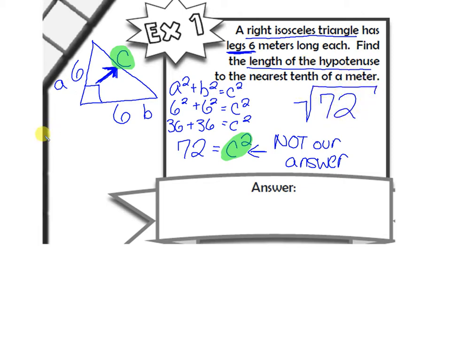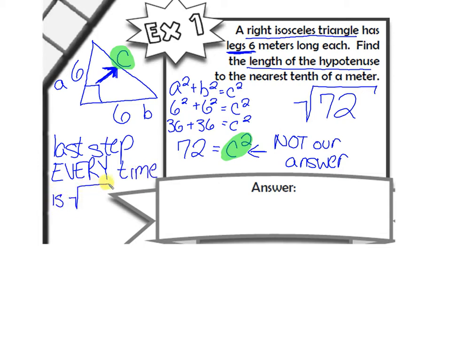And before we solve that, I want to make ourselves a little note that the last step, every time, for every single Pythagorean theorem question, forever and always, is to take the square root. So our answer is the square root of 72, which if I type that in my calculator, it's going to give me an ugly decimal, but we're going to round it off to 8.5.